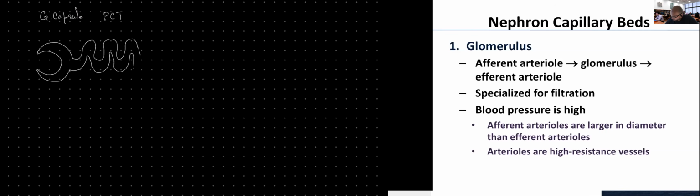Then we've got a tube that loops down, and then back up. This is going to be the loop of Henle.